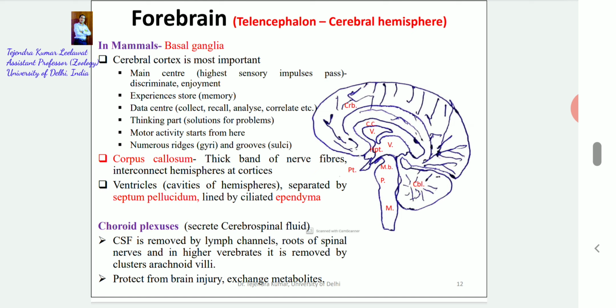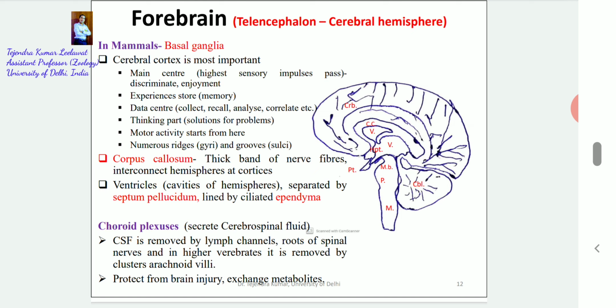It also works like a data center, because it collects, recalls, analyzes, correlates, and so on. The brain has immense capacity. The thinking part is also there. If we have any problem, then we can analyze and solve it.